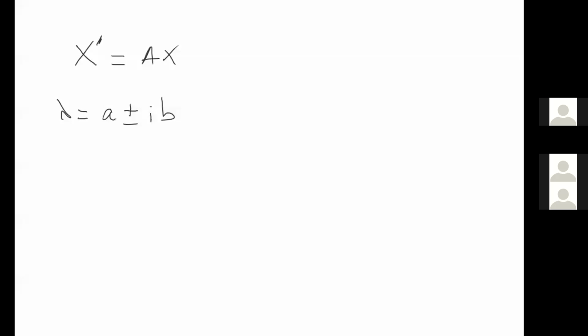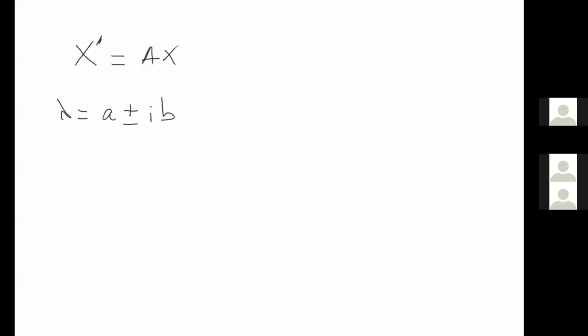All right, so let's assume that we have the two-dimensional linear system x prime equals Ax with two complex eigenvalues lambda equals a plus or minus ib.